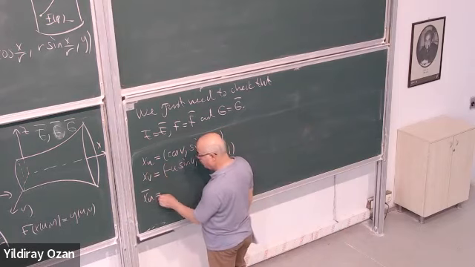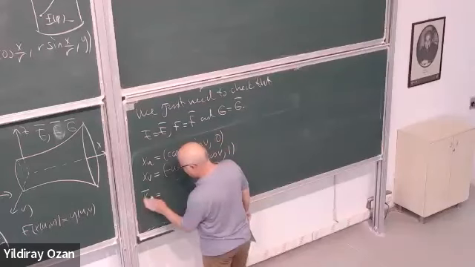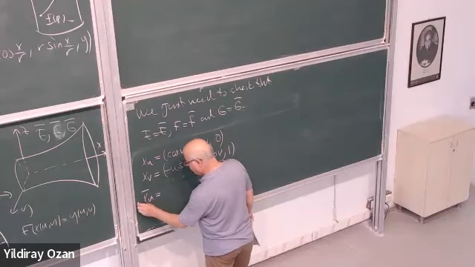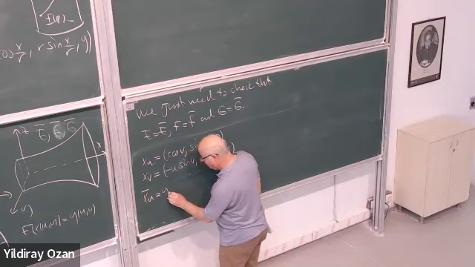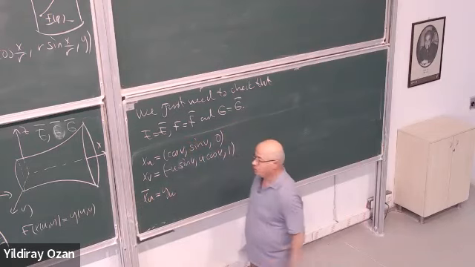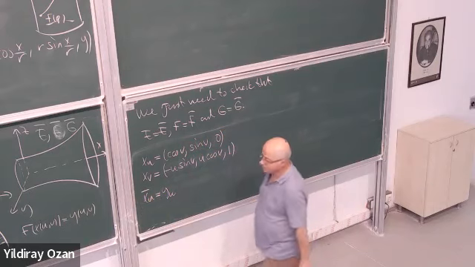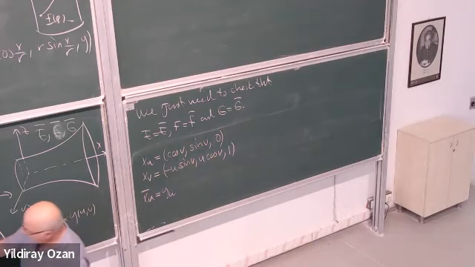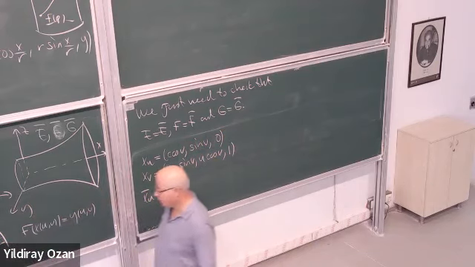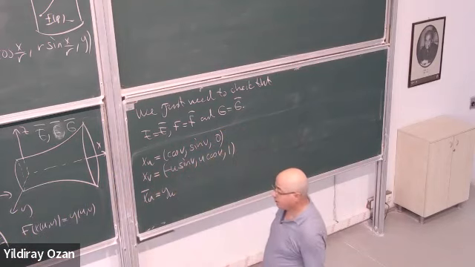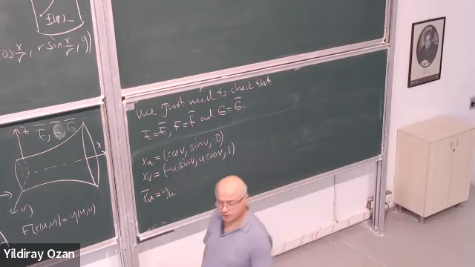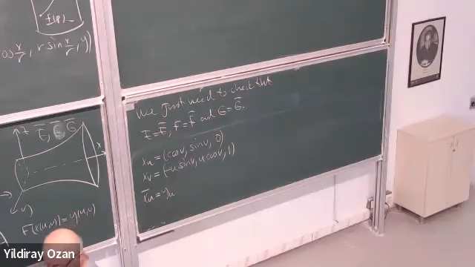So what is, sorry, this is just Y sub u. So E, F, and G for this coordinate patch. What is the derivative of sine hyperbolic inverse?